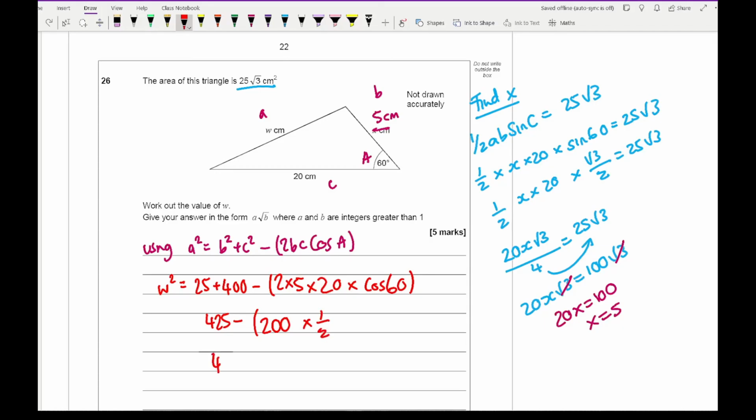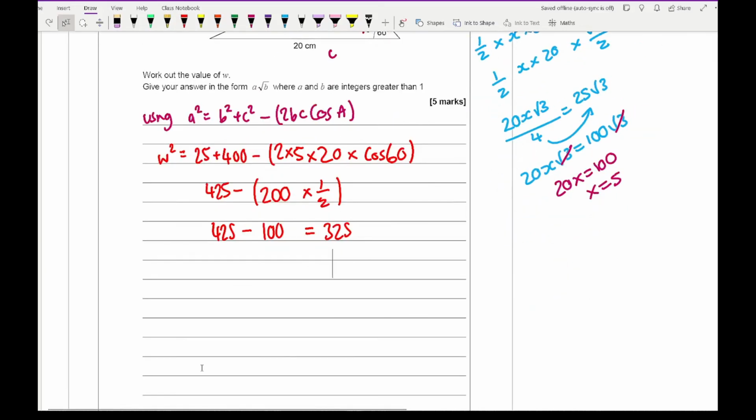So then I've got 425 minus 100, so then equals 325. So w squared equals 325, and then w equals the square root of 325.